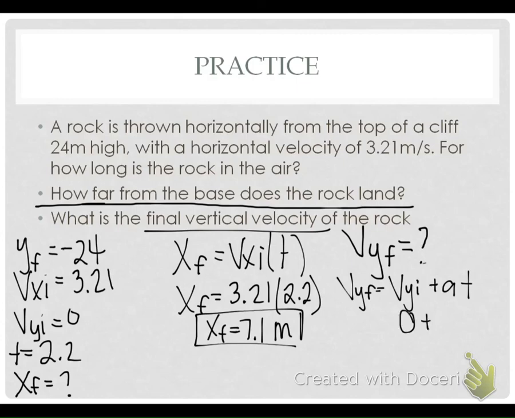So V sub yf equals 0 plus what's the acceleration in the vertical direction? Negative 9.8. And we'll take that times our time. Negative 21.56. V sub yf, negative 21 point what? And what's the units?